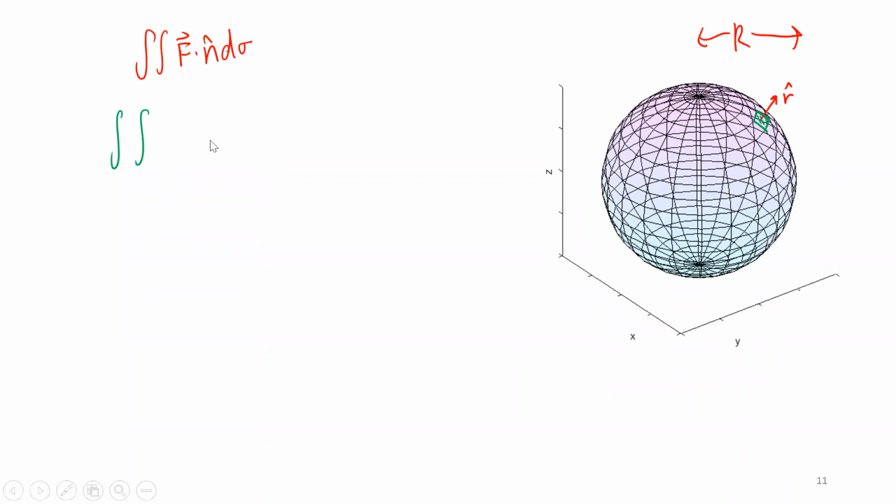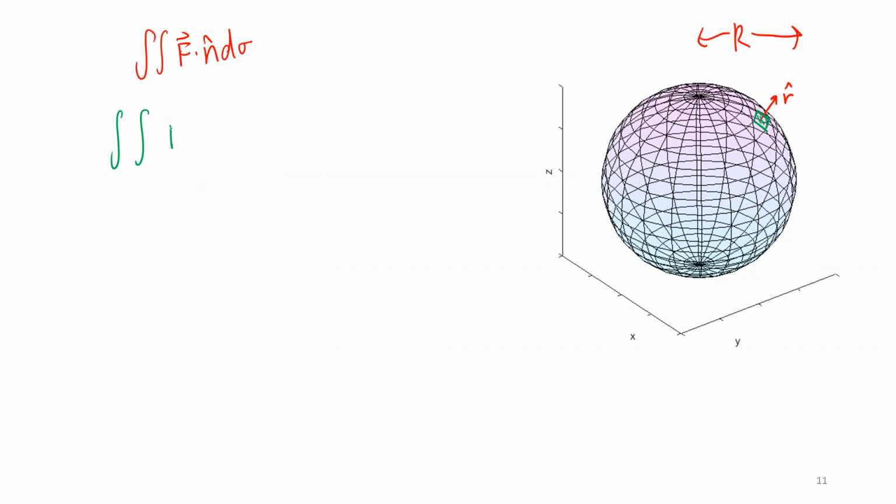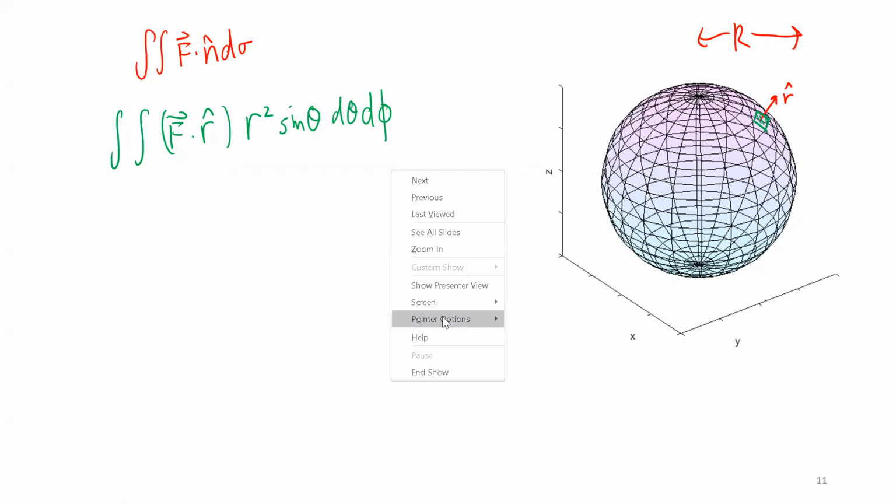So then we are dealing with this integral. If we're talking about this spherical surface, then this small r is really just capital R squared. This is constant.